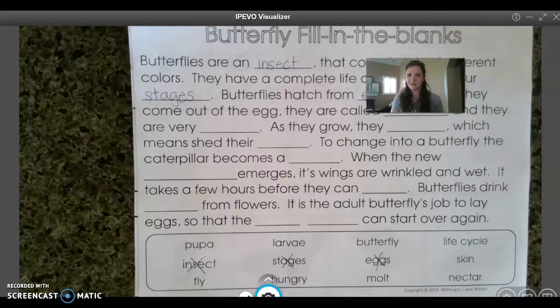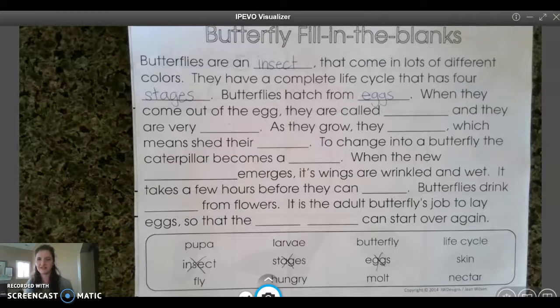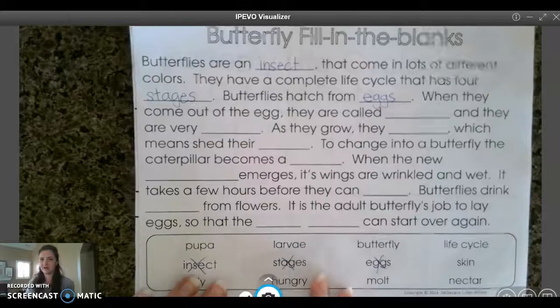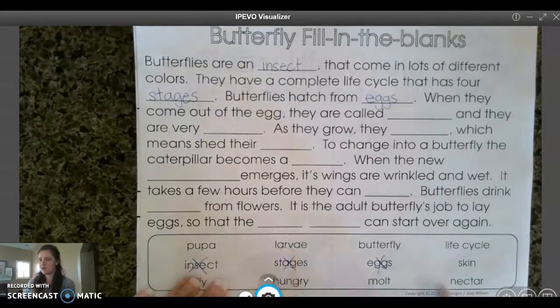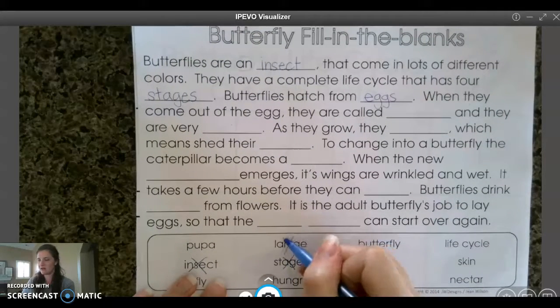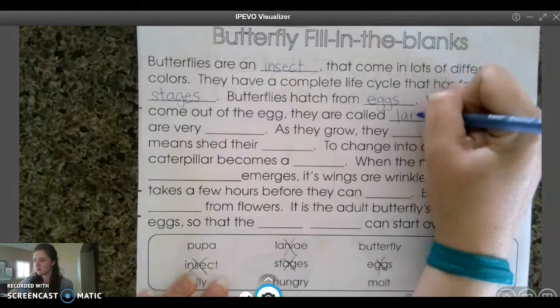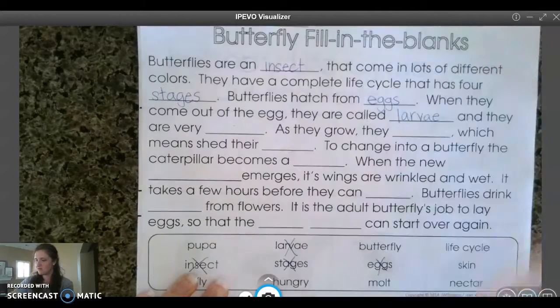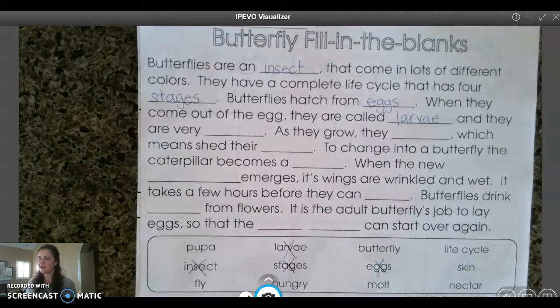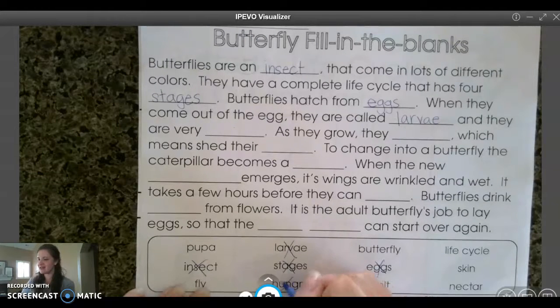We might remember that we actually saw this before when we were reading about the very hungry caterpillar. Okay? They are a larva. So, they're called larvae. And they are very what? I just said it. They are very hungry. Okay, just like in our book.